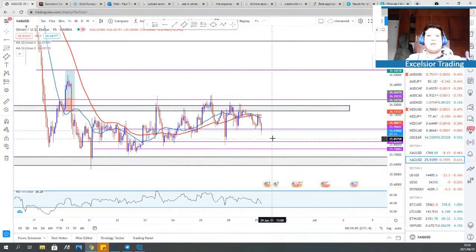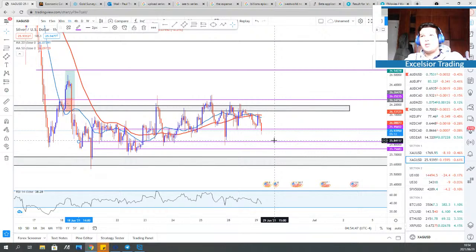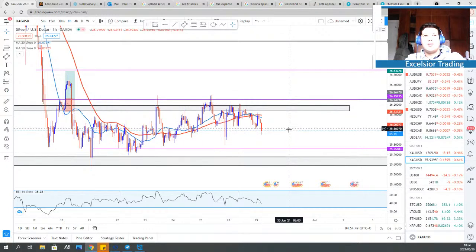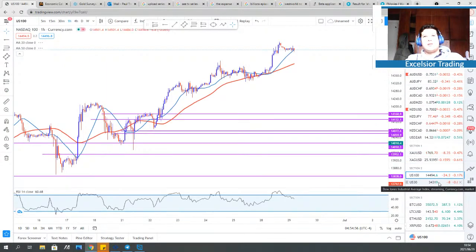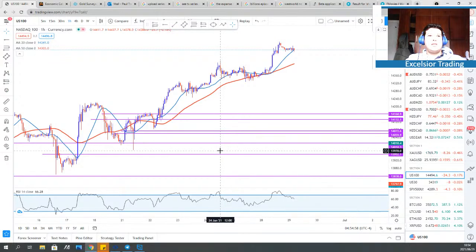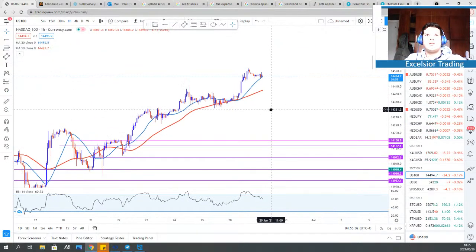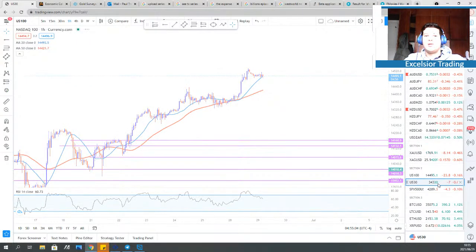Silver, yeah, man, this pair is really choppy at the moment. Not trading this. US 100, Nasdaq. Actually, not trading Nasdaq at the moment.